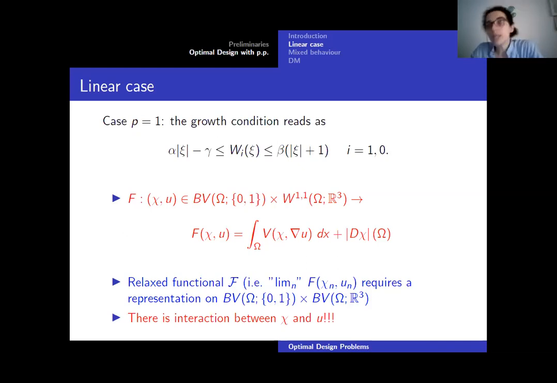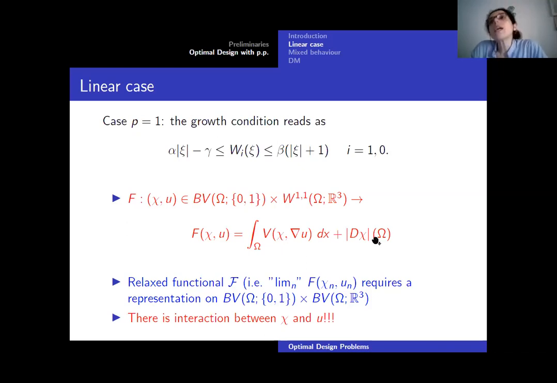So it's not trivial, essentially, given any couple chi and u, to get a lower bound and an upper bound, but it's more natural to make the following observation. Namely, the starting function F of chi and u is written for the fixed set omega. The point is that this expression, the right-hand side, has a meaning no matter which open subset of omega we consider. And as you can see, this is a measure.